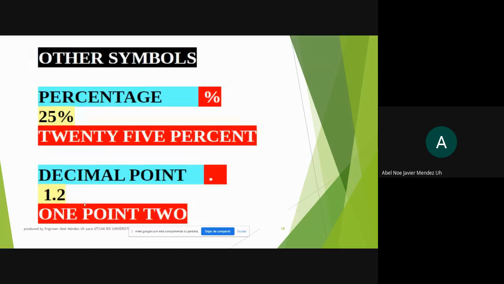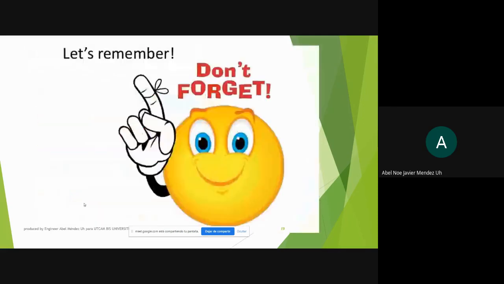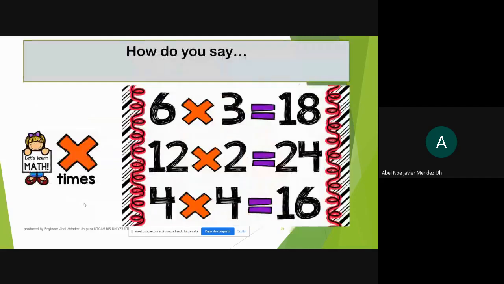Another symbols, okay. Don't forget, how do you say? Okay, it's time that you can practice. How can we read these operations that we have here? Multiplications, we have 3 multiplications.